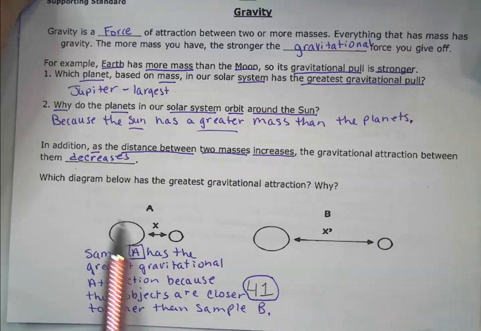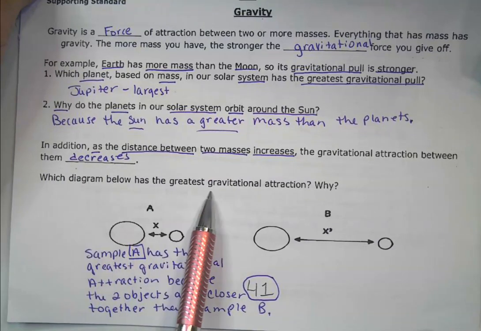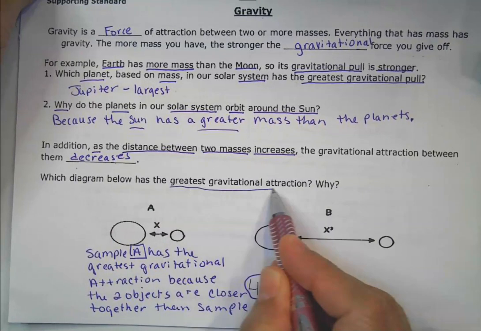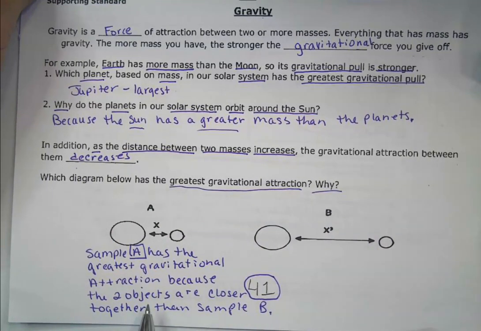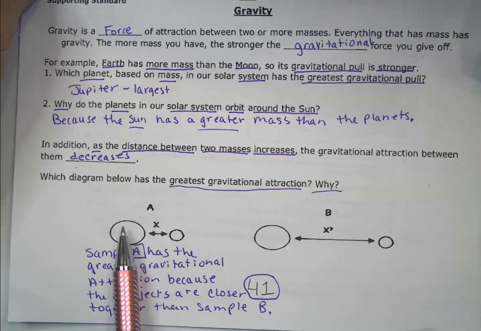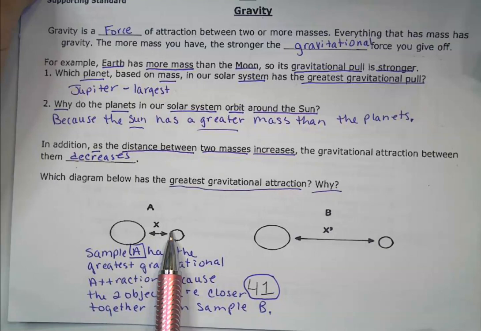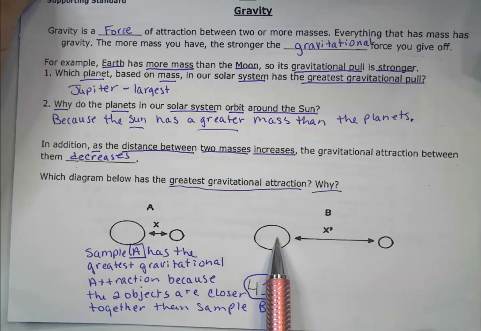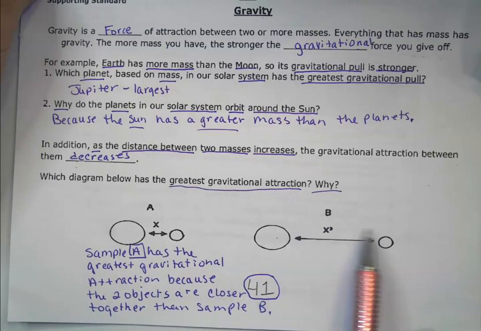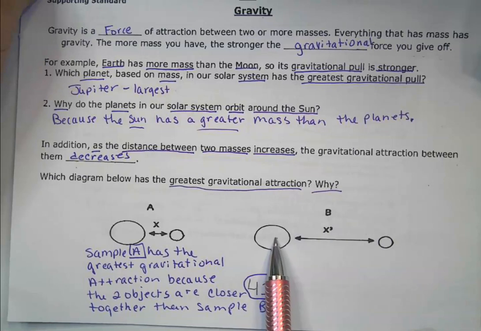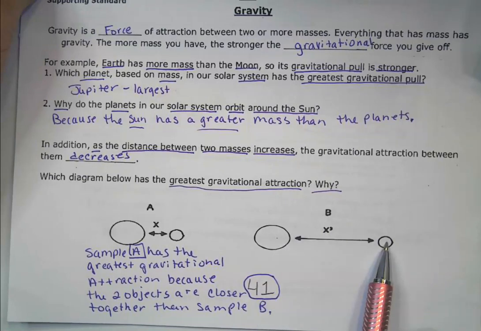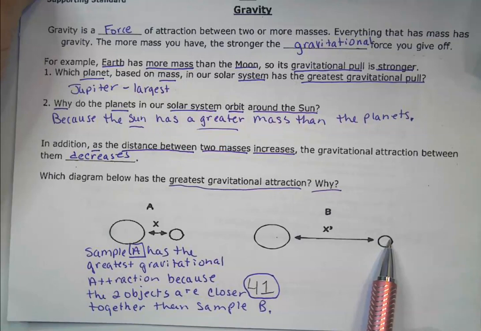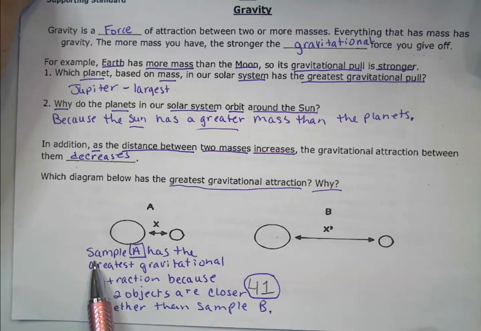So then we have an example right here. Which diagram below has the greatest gravitational attraction and why? Okay, so we see the object on the left and the object on the right, which are the same size in both diagrams.